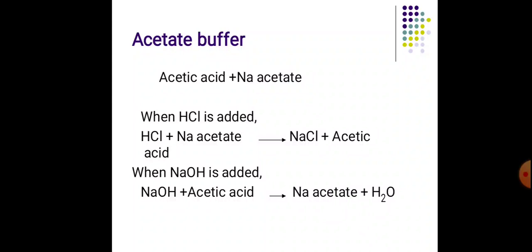The HCl will react with sodium acetate and forms acetic acid and NaCl. And when we add NaOH to it, what will happen? The NaOH plus acetic acid gives sodium acetate plus water. Here the same components of the buffer are formed. So, a buffer is a solution that resists the change in pH on adding acid or base.